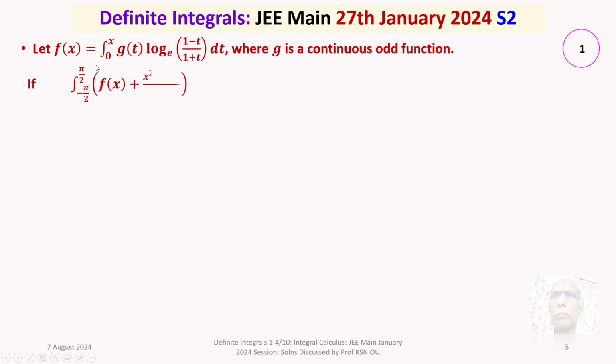If the integral from minus pi by 2 to pi by 2 of (f of x plus x square cos x by 1 plus e power x) with respect to x is equal to (pi by alpha) whole square minus alpha, then alpha is equal to?